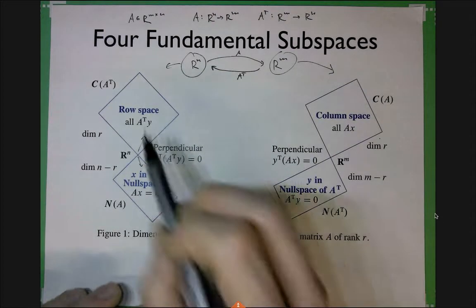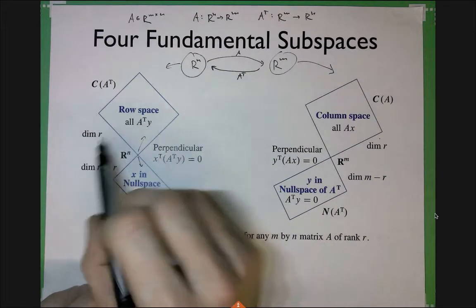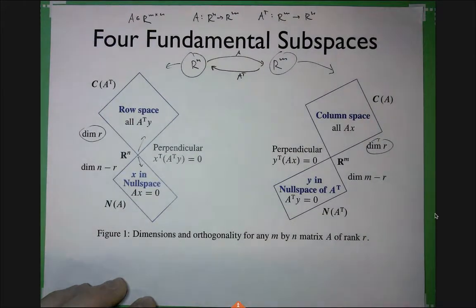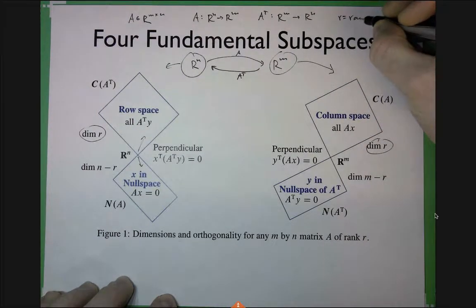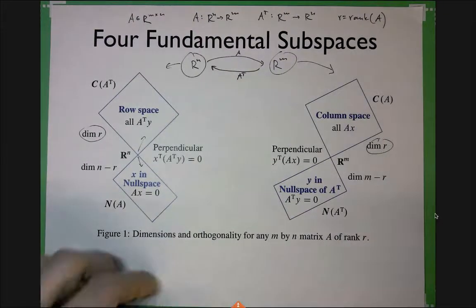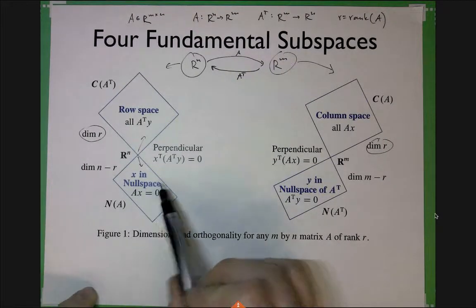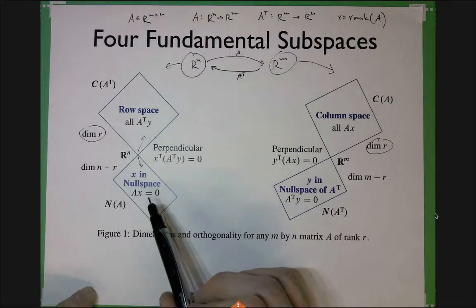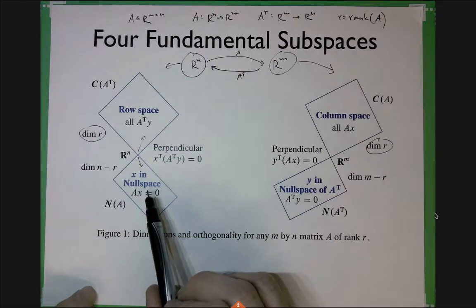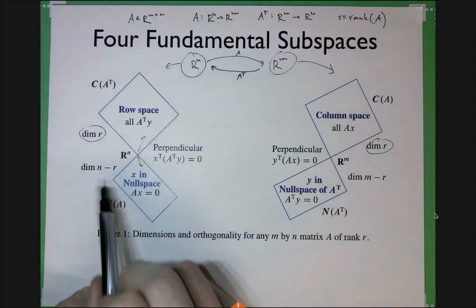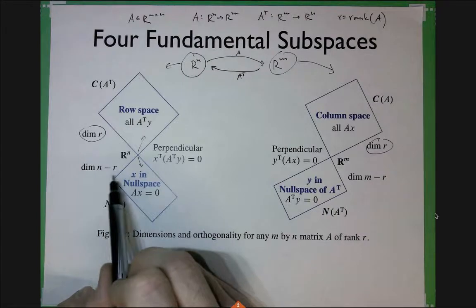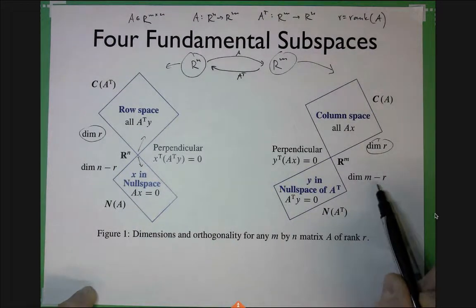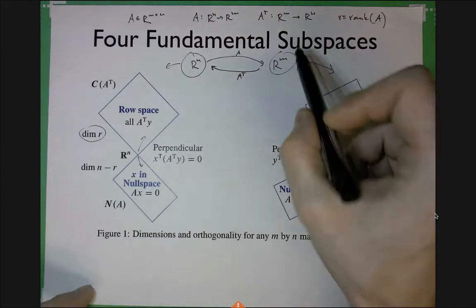The dimensions of the row space and the column space are the same, and they are both of dimension r, where r is the rank of A. And these are just the orthogonal complements of them. Remember, we discussed the reasons why they are orthogonal complements. This is n-dimensional space, so there are n minus r remaining basis vectors, and here I have m minus r, so that altogether these things generate R^m and R^n.